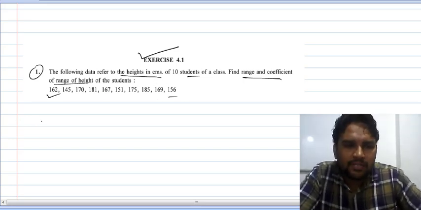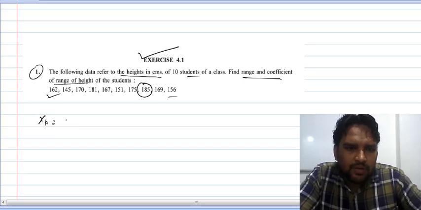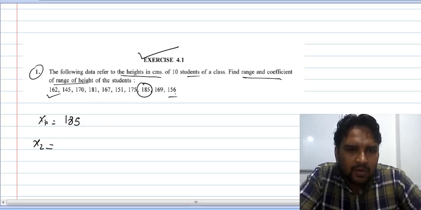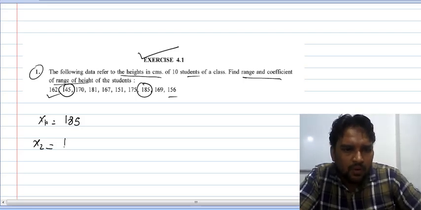Now we have to find the range. So first of all, what is the highest observation? 185 will be the highest observation. So write 185 as xh. And what is xl? It is the lowest observation. So I think 145 will be the lowest observation.